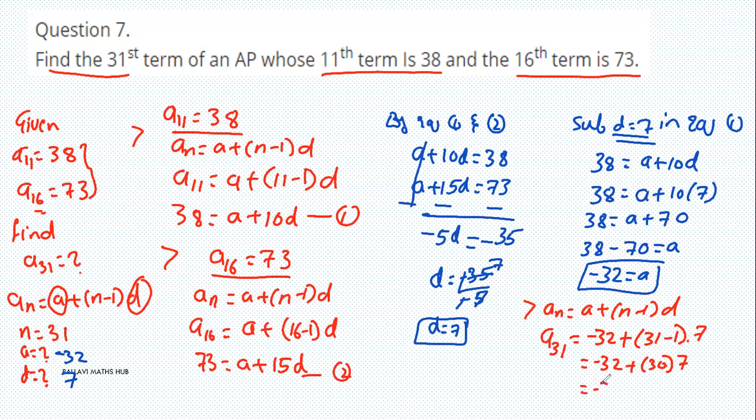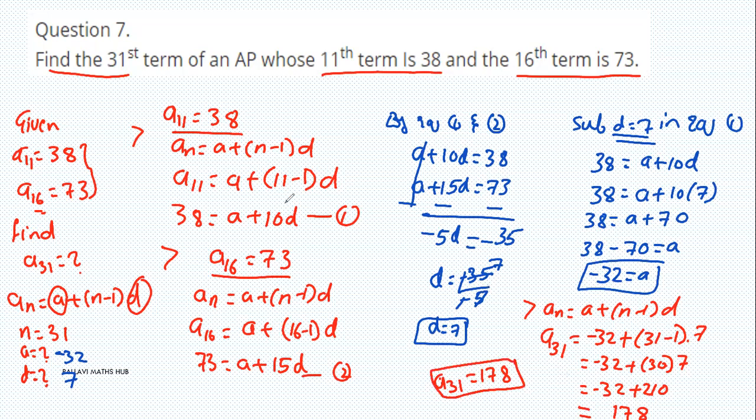In the next step, minus 32 plus 30 into 7 is 210. When you subtract, you will get 178. Then what is the value of A31? A31 is equal to 178. I hope all of you understood this one.